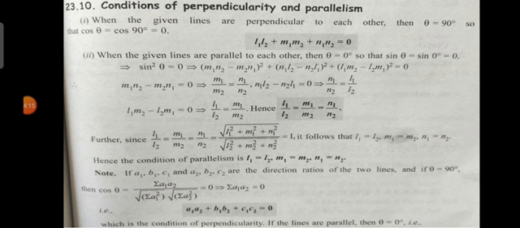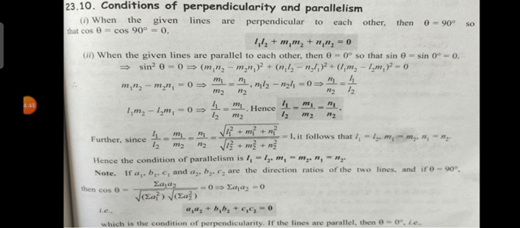And if A1, B1, C1 and A2, B2, C2 are direction cosines of two lines, and theta is 90 degrees, cos theta, that is sigma A1 A2, is also 0. So A1 A2 plus B1 B2 plus C1 C2 is also 0, which is also the condition for perpendicularity. And if the lines are parallel, theta is 0 degrees.